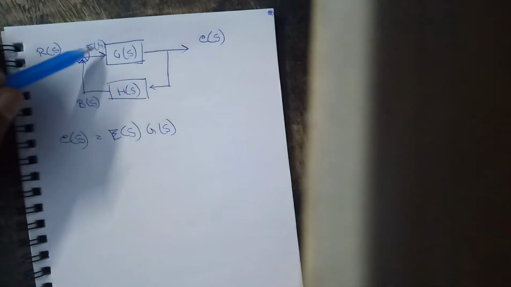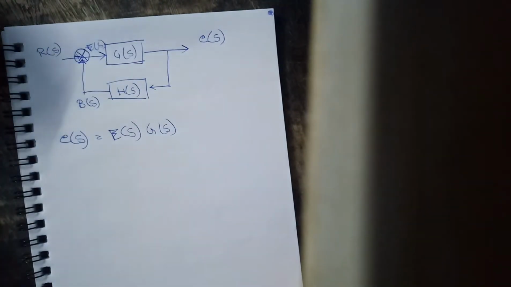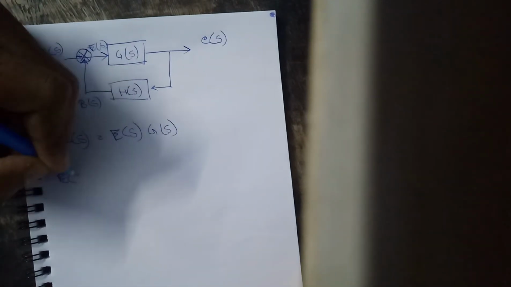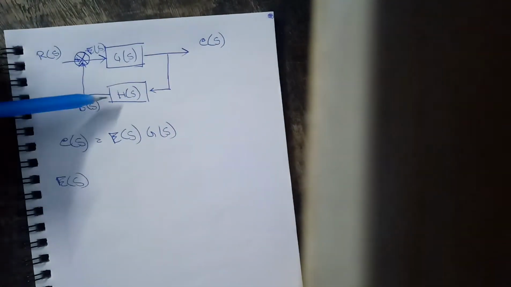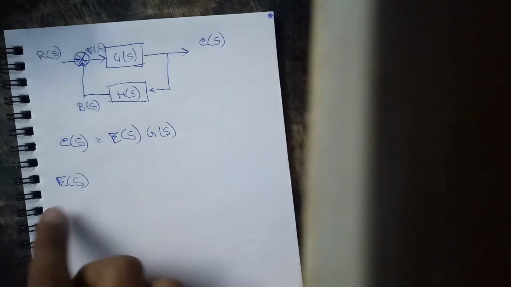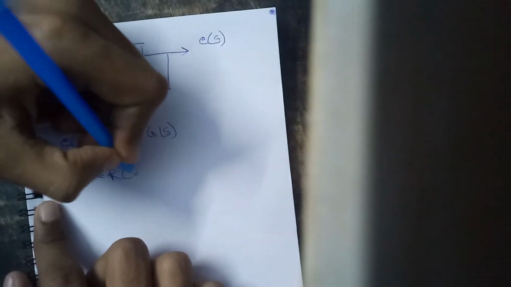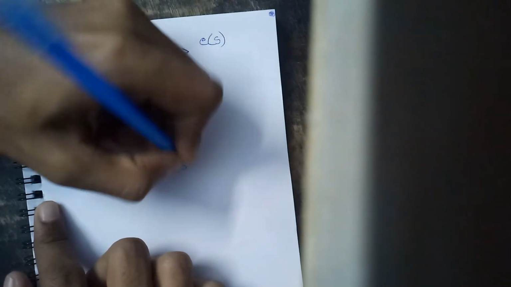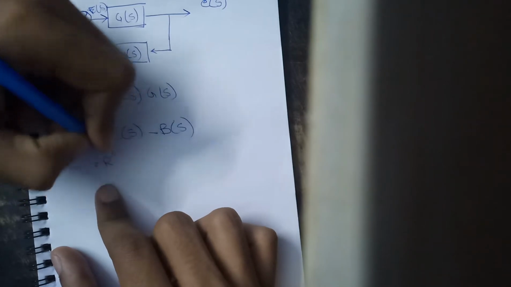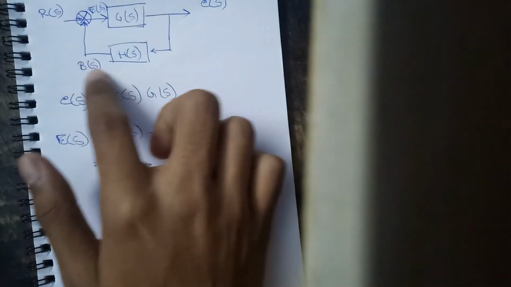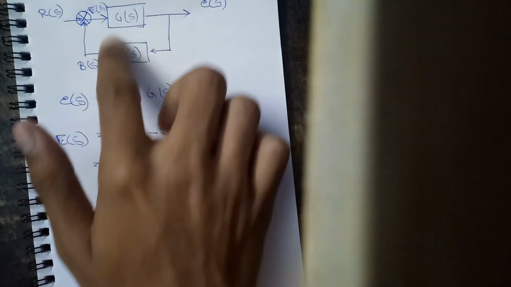Now let's talk about what E(s) is. E(s), that is the error signal. Error signal is the difference between the signal that we are giving and the signal from this feedback. So E(s) is equal to R(s) minus B(s), right? This R(s) is just written as R(s), and B(s) can be written as C(s) into H(s), right? Because this signal is getting into the transfer function H(s) and thus becoming B(s).